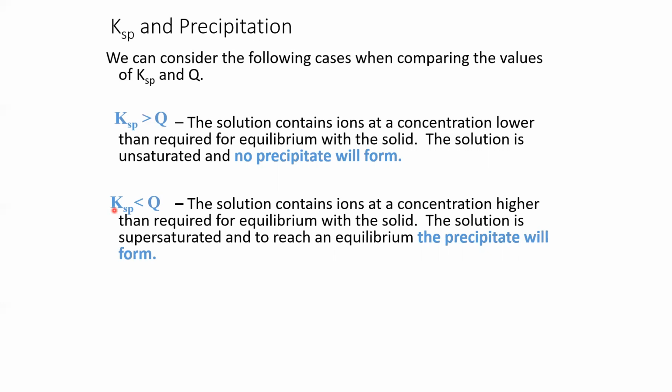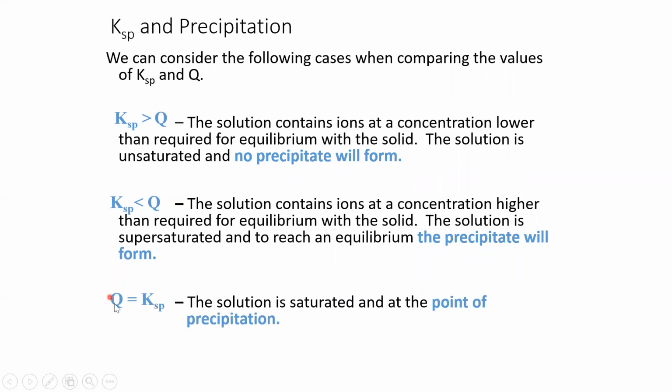So we'll have a precipitate forming if Q is greater than K. And then the last scenario is if Q is equal to K, and if we calculate Q from a set of information we're given in a question and it equals the solubility product, then we have a saturated solution and we would have no precipitate, but any more that's added to that solution would precipitate.